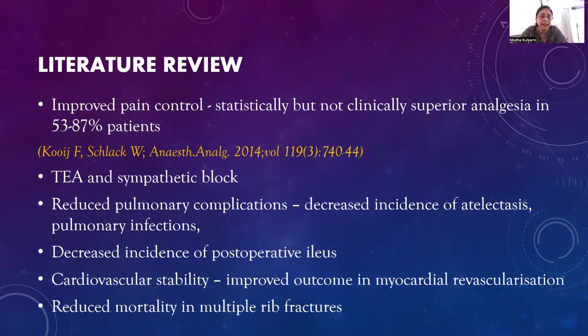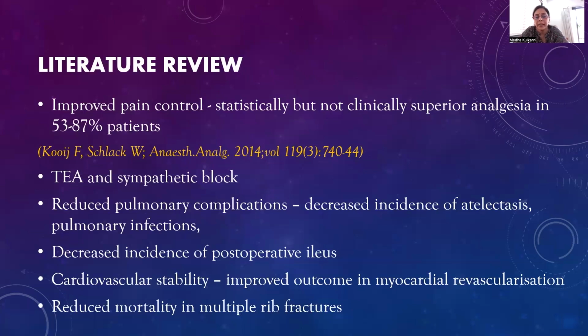Similarly, in the mid-thoracic region, block of the splanchnic sympathetic nerves will lead to better perfusion of the intestines, and thus it has been shown to decrease the incidence of postoperative ileus and give early restoration of bowel function in the postoperative period. Because of the superior analgesia it provides, it also reduces pulmonary complications.